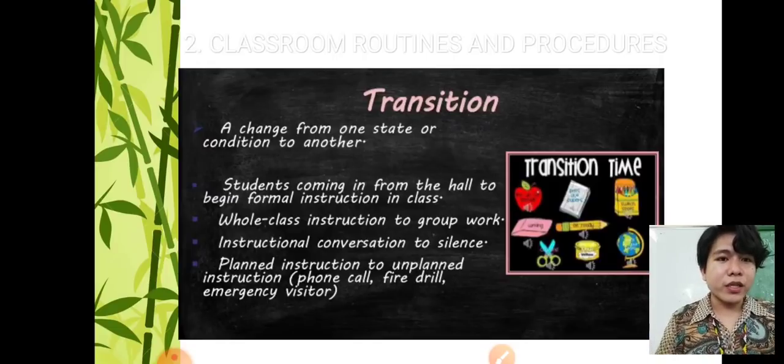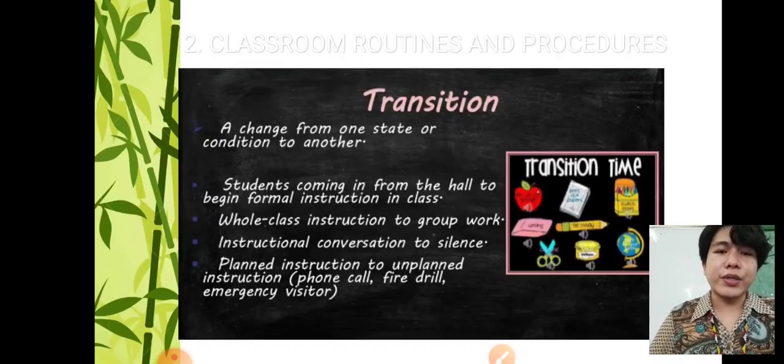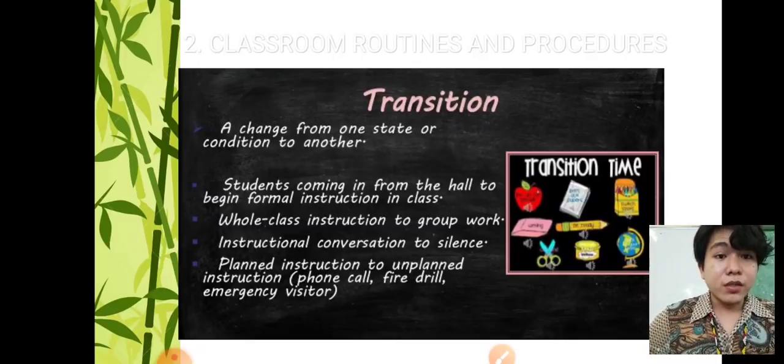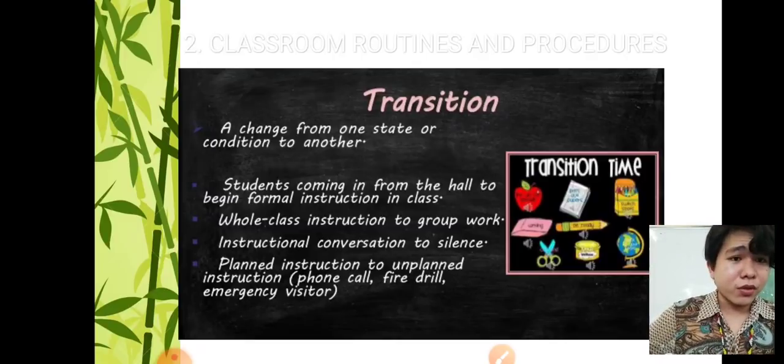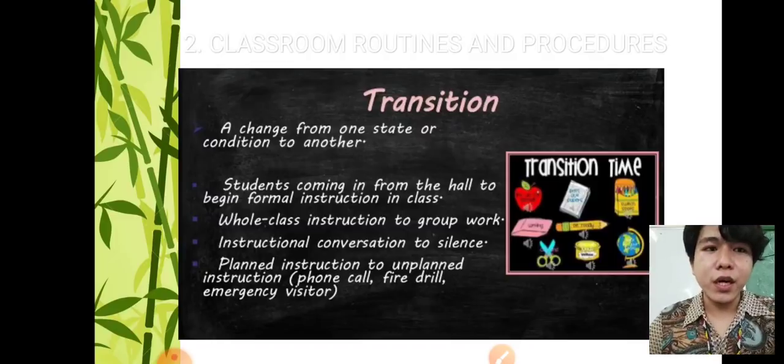So you will need to think of certain words or activities that will jive with your next activity or next topic. So students are coming in to begin formal, whole class instruction and the like. That is the nature of transition: to avoid dull moments.